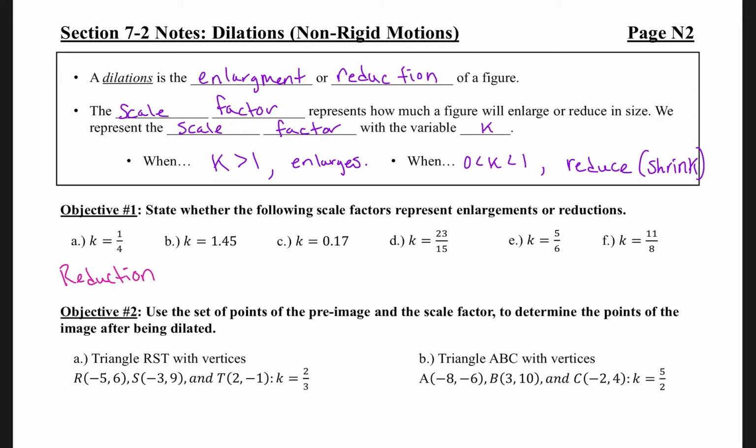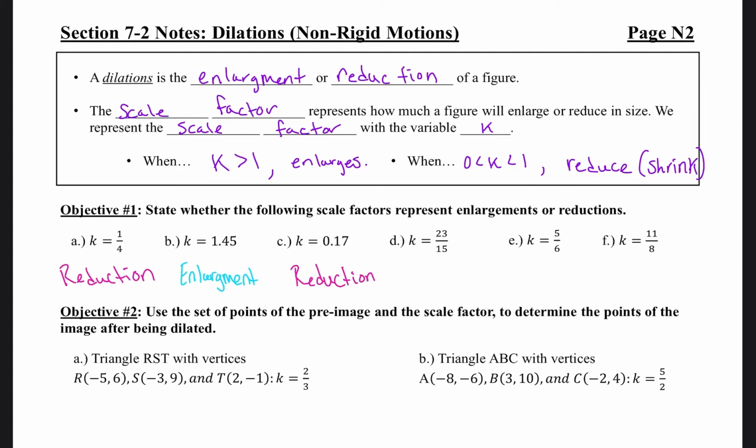B is 1.45. 1.45 is bigger than 1, so this represents an enlargement. The next one, 0.17, is smaller than 1, so it's a reduction.